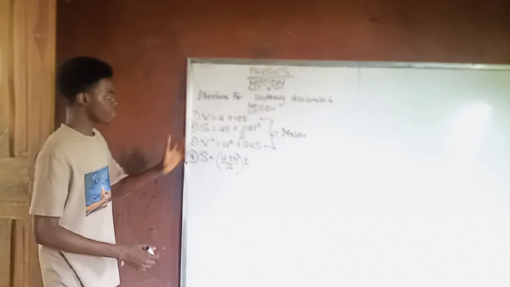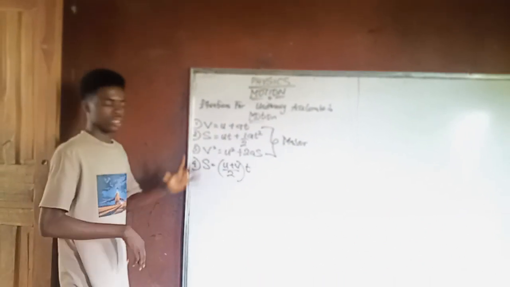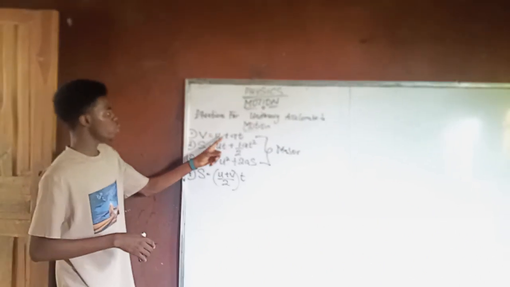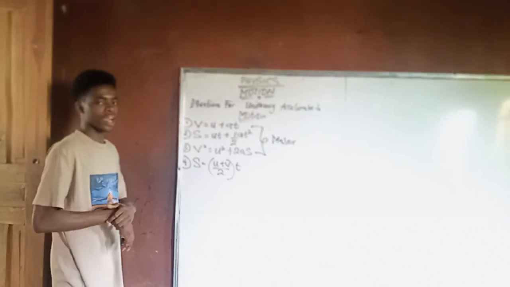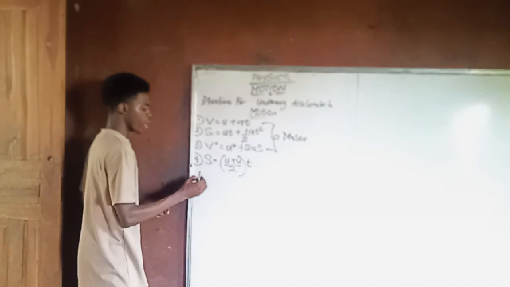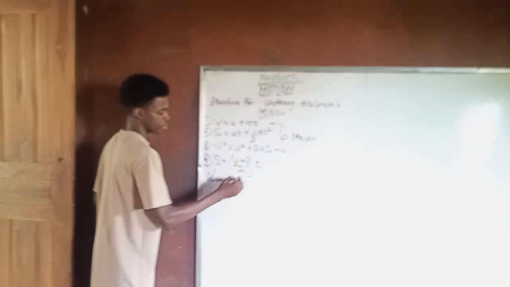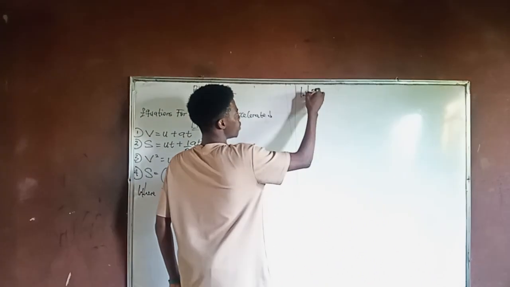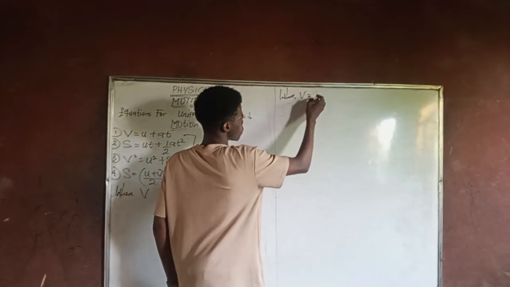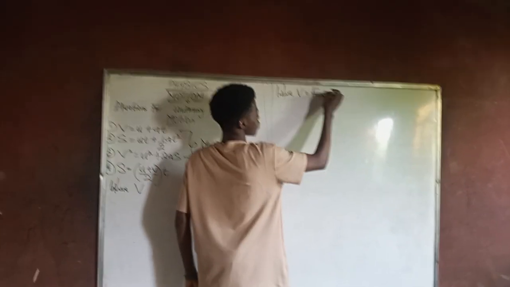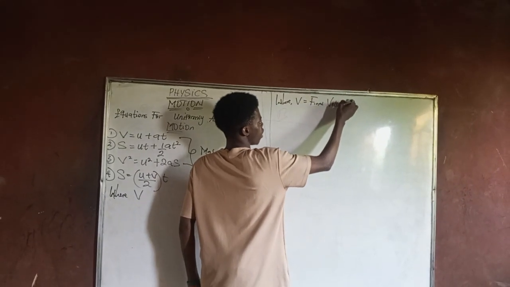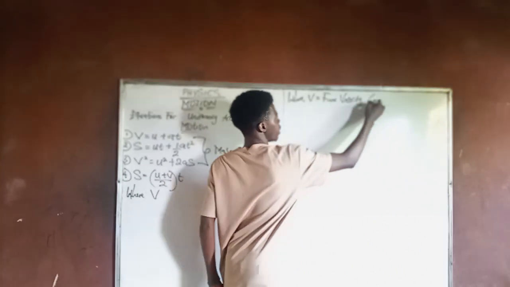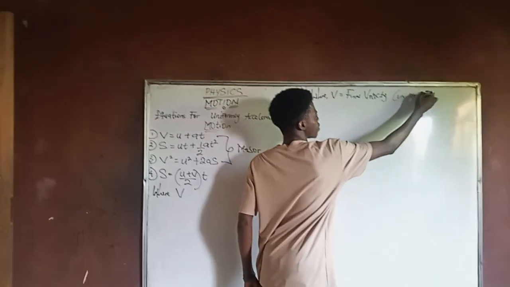Quickly, let's define the terms we have in these equations. We have 5 terms: v, u, a, t, s. Where v is my final velocity, in meters per second.